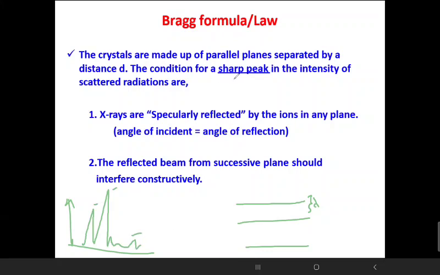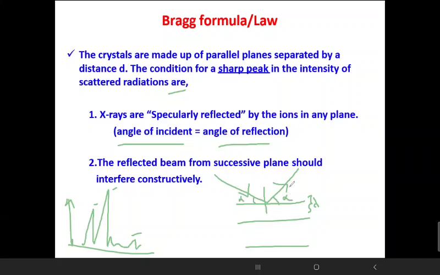So what is the condition for the sharp peak in the intensity of the scattered radiation? The first condition is that the angle of incidence is equal to the angle of reflection. Here you can see, if this is alpha, then this is also alpha.